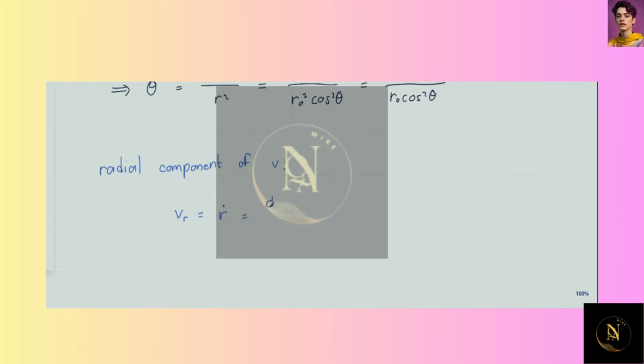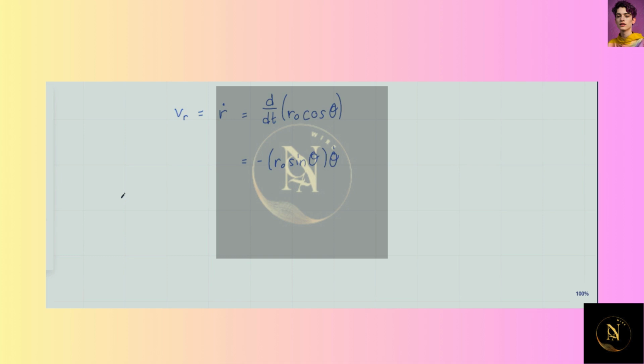So r dot is the time derivative d dt of r, which is r naught cos theta. And from the chain rule, this is minus r naught sine theta theta dot. So that's the radial component of the velocity in terms of theta.